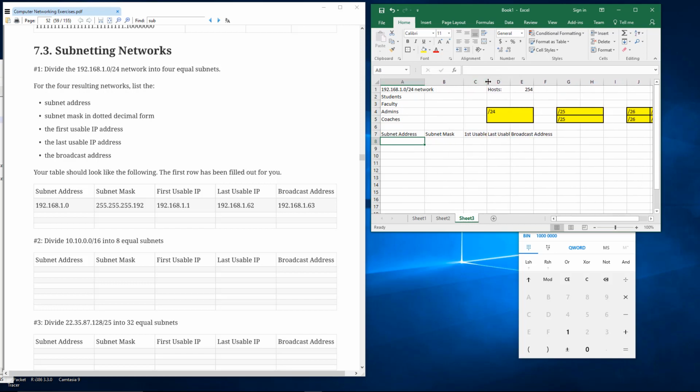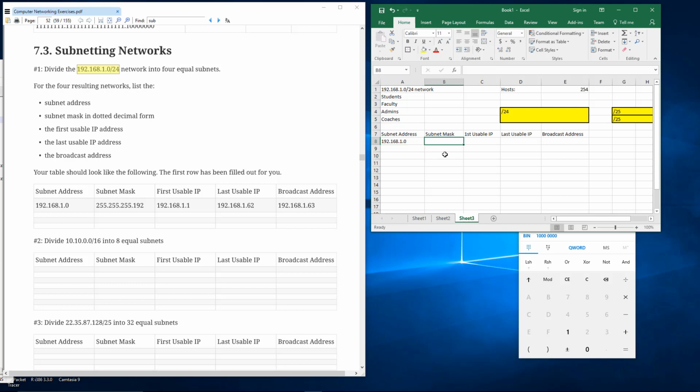So how do we enumerate this? This is important. So let's go through it. The subnet address is going to be the same starting point that we were given. We're trying to divide this network into 4 equal subnets. Our first subnet is always just going to start at that address, 192.168.1.0.